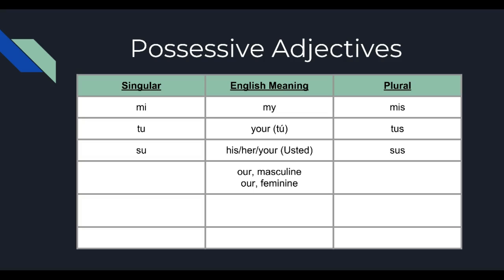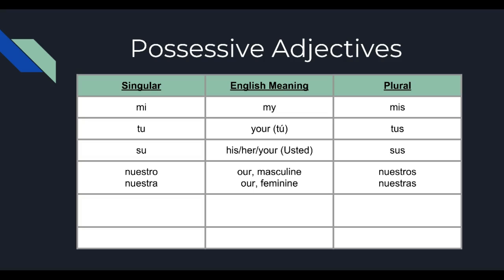So if it is our book or our table, our mother, something singular, we will use either nuestro or nuestra, depending on whether the noun is masculine or feminine. And if we're talking about our books, our mothers, our friends, something plural, then we'll use nuestros or nuestras.